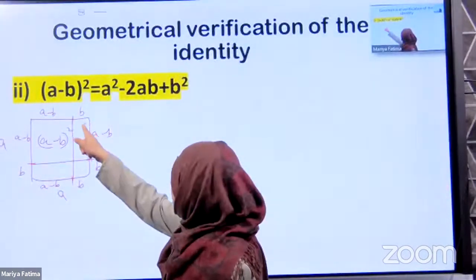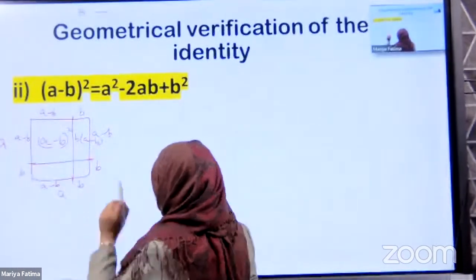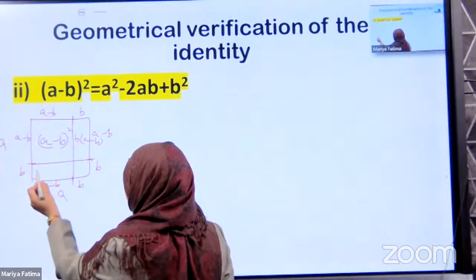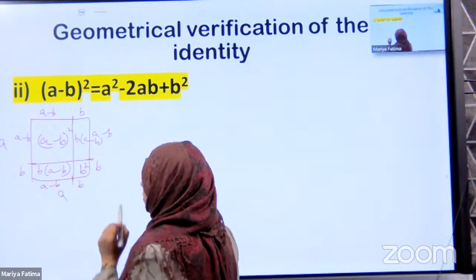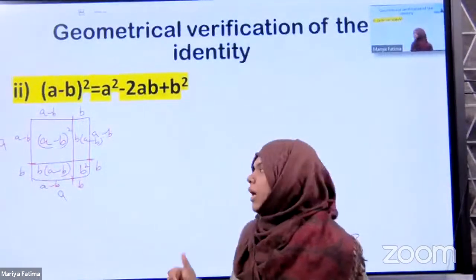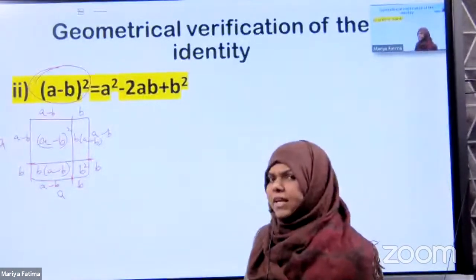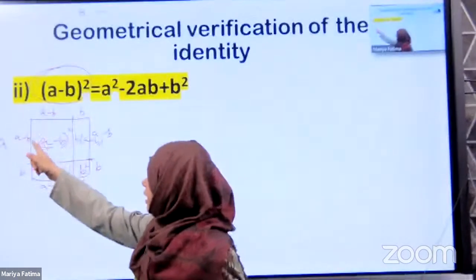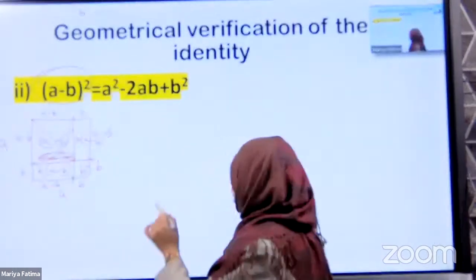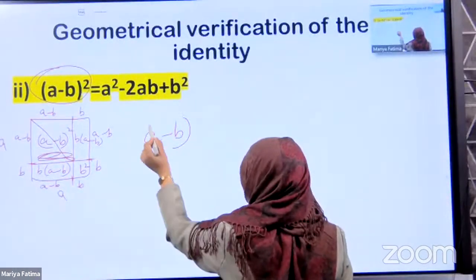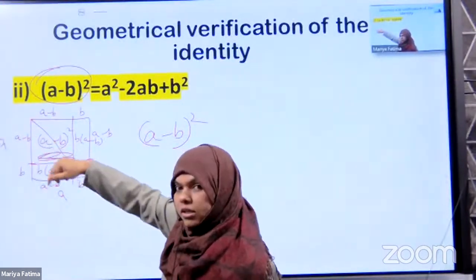Clear? Now what is the area of this rectangle? It will be b into a minus b. And what is the area of this rectangle? It will also be b into a minus b, and this square is b square. Clear? Now we have to find out a minus b whole square. So where is the a minus b whole square in this figure? It is this one, your a minus b. So how to find out that a minus b whole square? How to find out this much area only out of this square?